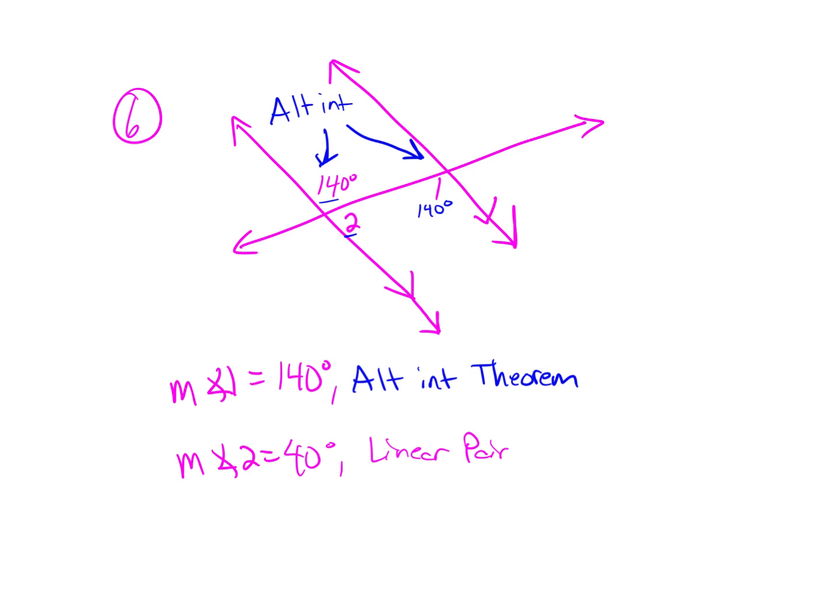What's another way you could have said 40 degrees, and what's the other theorem you could have used? Consecutive interior. Angle 1 and angle 2 are consecutive with each other, right? And we know consecutive adds up to 180. So you could have said linear pair or consecutive interior theorem. All right, very good.